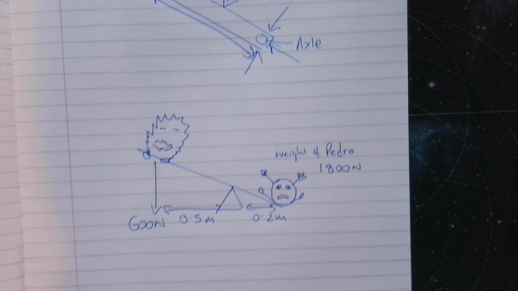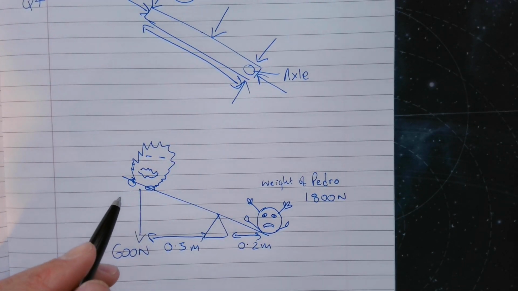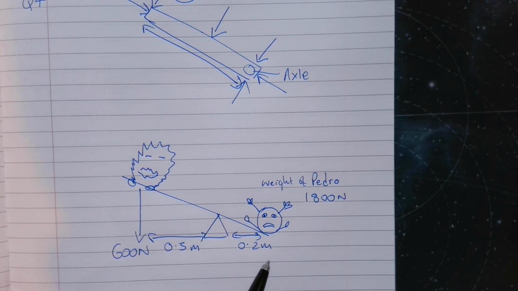Next question. I think we must be on another planet because Pedro weighs a lot more than he did in question 2. He weighs 1,800 newtons. And we've got some weird demon trying to lift Pedro, our rock, using this rod and a pivot.